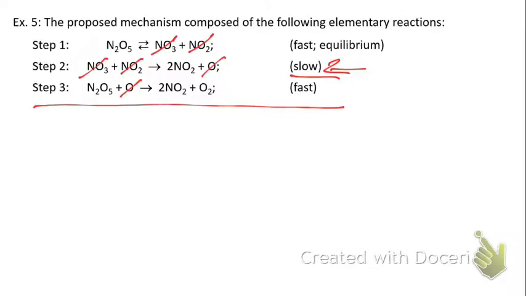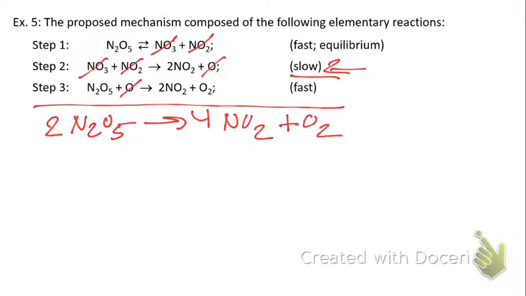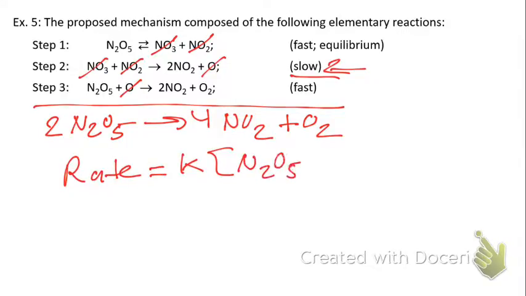So I'm going to get 2 N2O5s, and that's going to produce 4 NO2s plus an O2. So in this case, I only have 1 reactant. So the rate law is equal to K[N2O5]^X. Okay, so let's look at our X value.